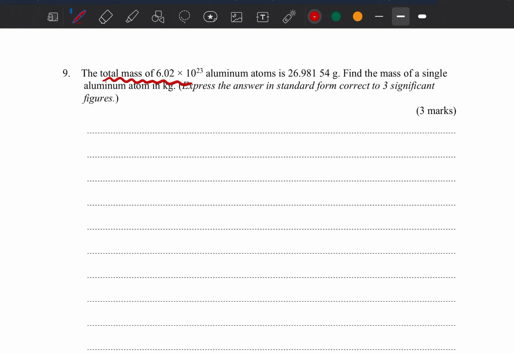So the total mass is this, and then this total mass has a weight of this. Find the mass of a single atom. All together they have this weight, and we are finding one only.